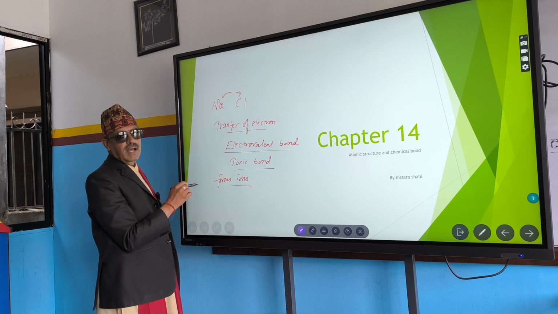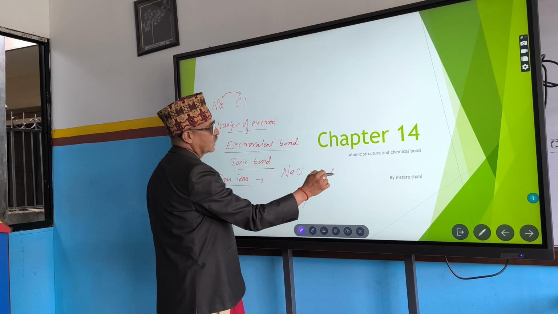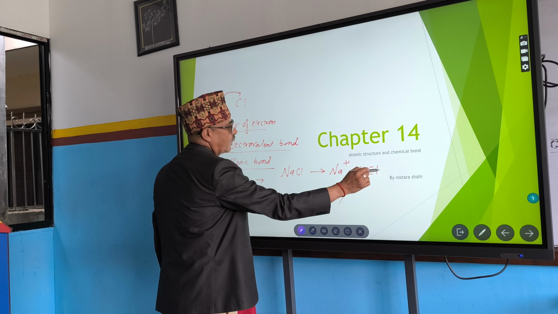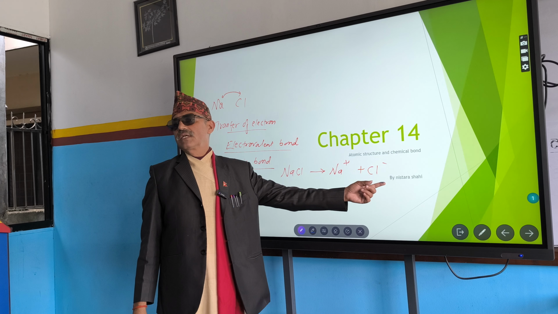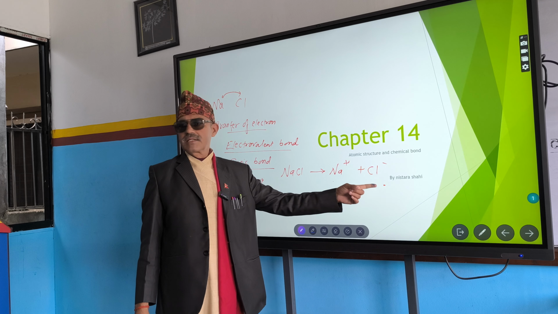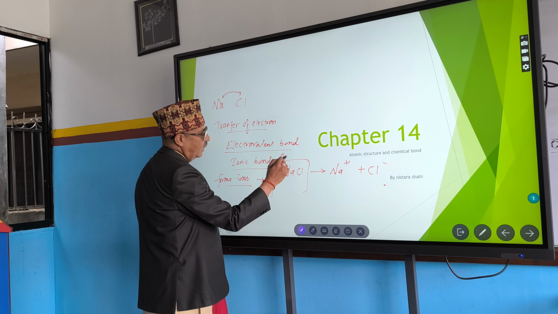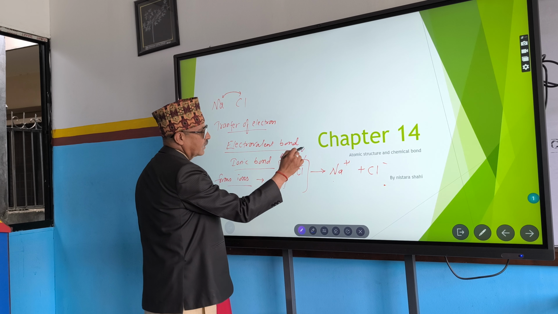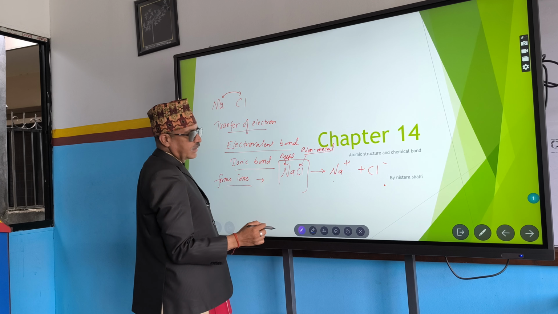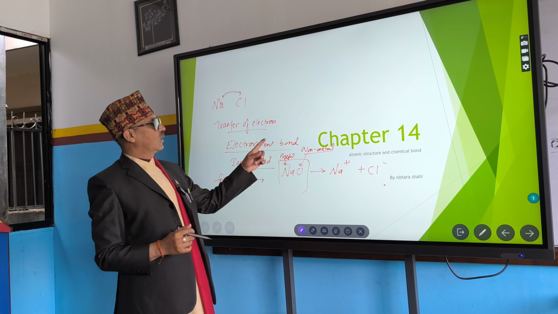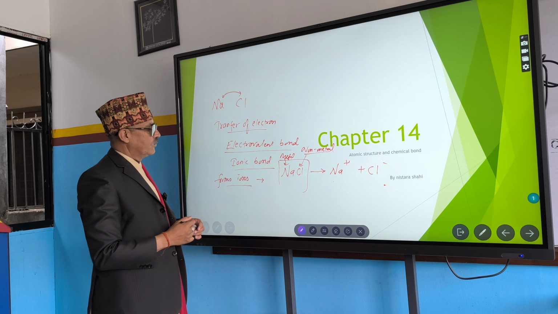What ions are formed? If there is NaCl, two ions are formed from NaCl, Na plus and Cl minus. This is the cation, this is the anion: positively charged ion, negatively charged ion. So when there is a bond between metal and non-metal, that type of bond is called electrovalent bond or ionic bond. There is transfer of electrons.